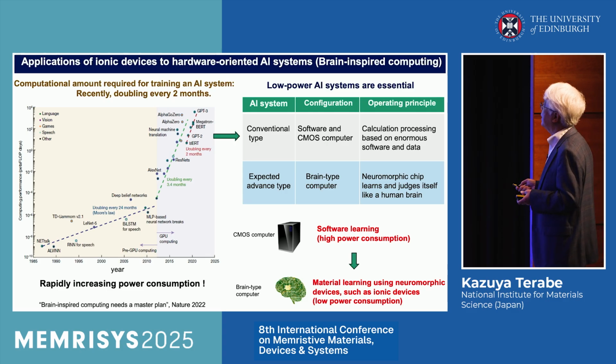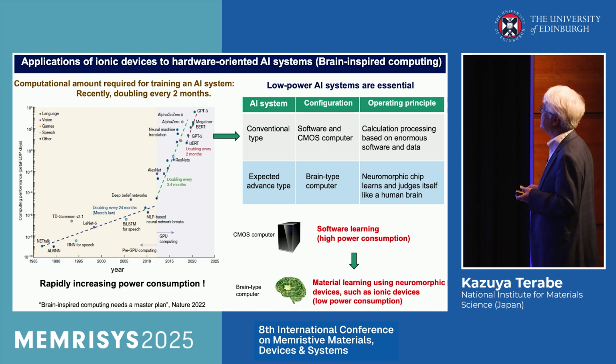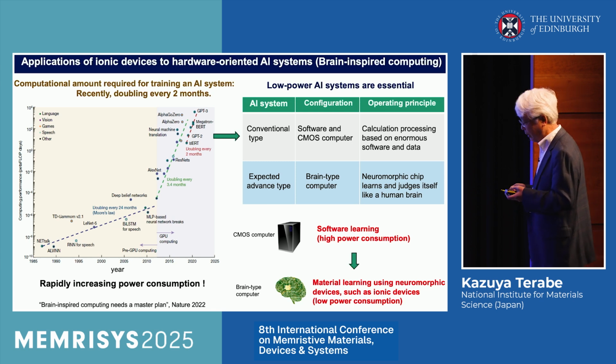So the conventional type is generally speaking software learning, with high power consumption. But a brain type computer is material learning using neuromorphic devices such as ionic devices, with low power consumption. So we are focusing on developing neuromorphic devices using ionic devices.